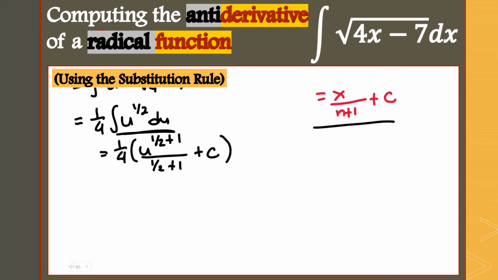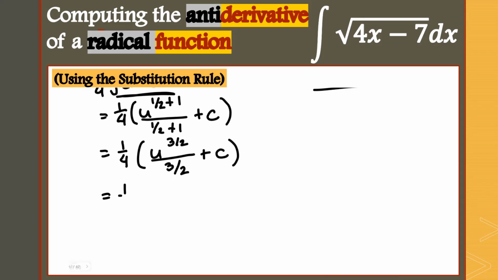So moving down, we can write it in this manner: 1/4 times u to the power of 3/2 over 3/2 plus c. Rewriting the denominator, being a fraction, into its reciprocal, you have here 1/4 times 2/3 u to the power of 3/2 plus c.